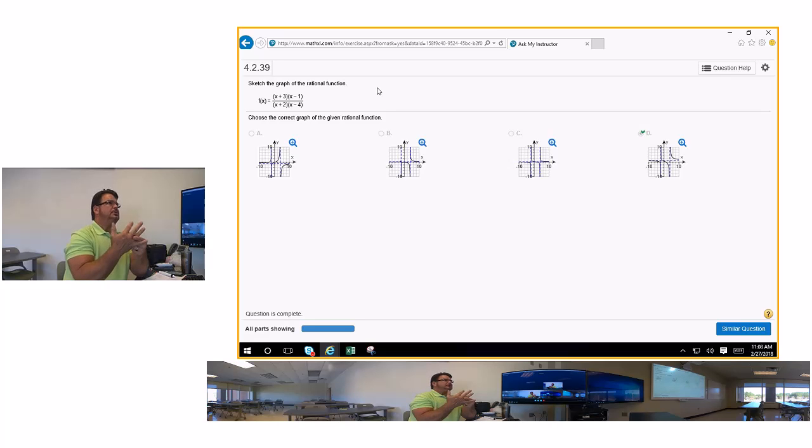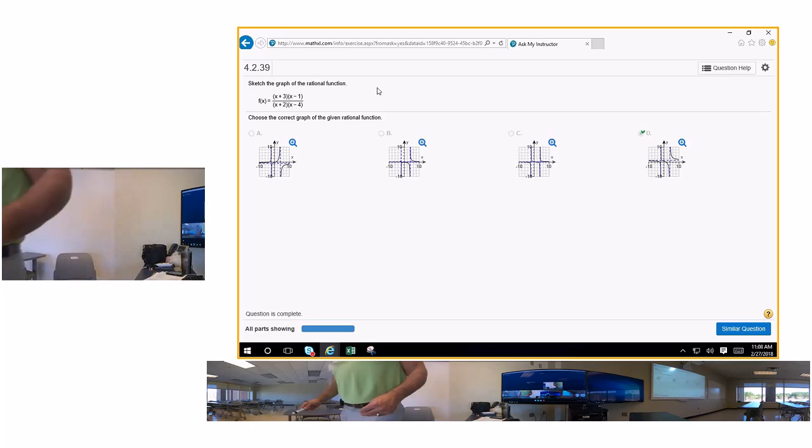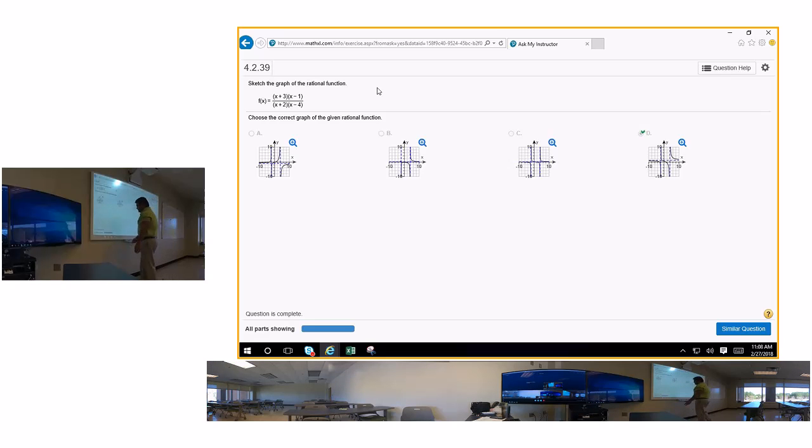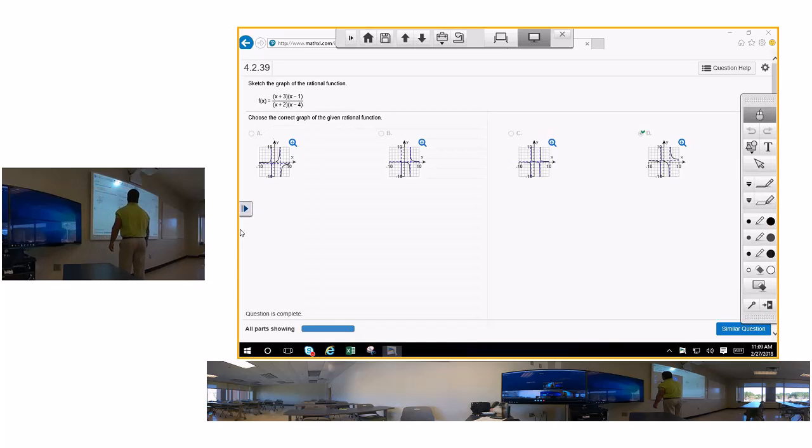The good news is that you've already factored it on the bottom, so that means that you know what the vertical asymptote is because of what we went over in the last set of questions. Whenever you want to find the vertical asymptote, you set the denominator equal to 0.